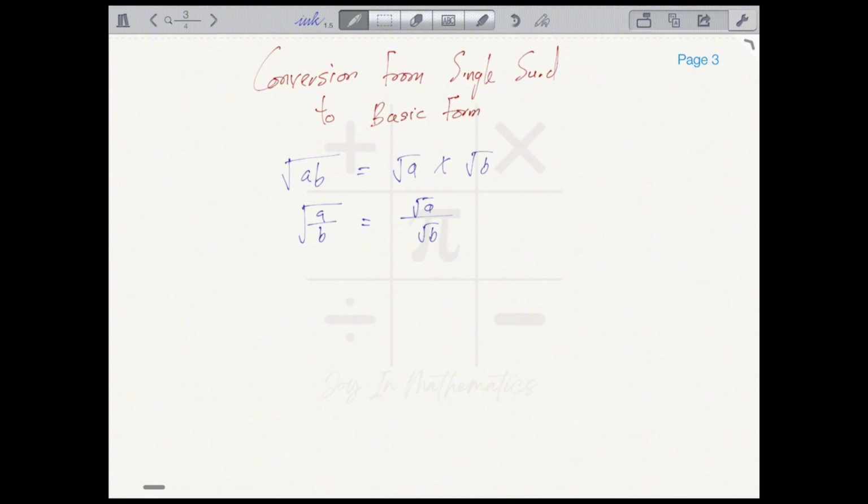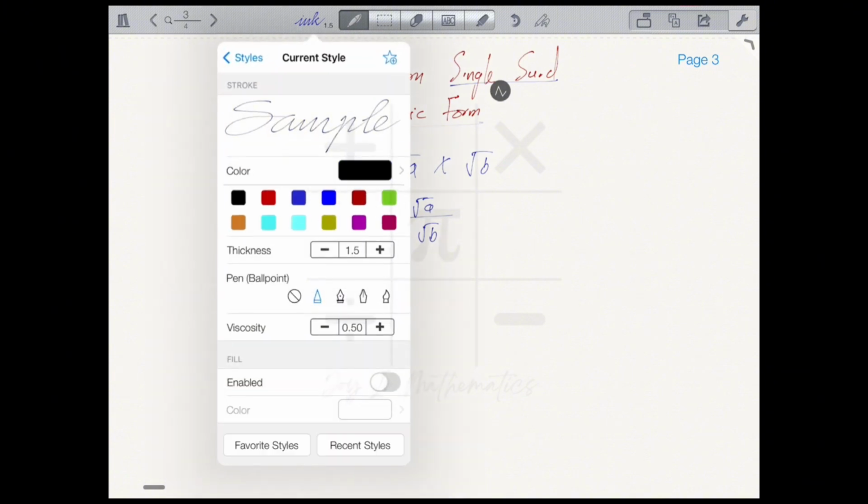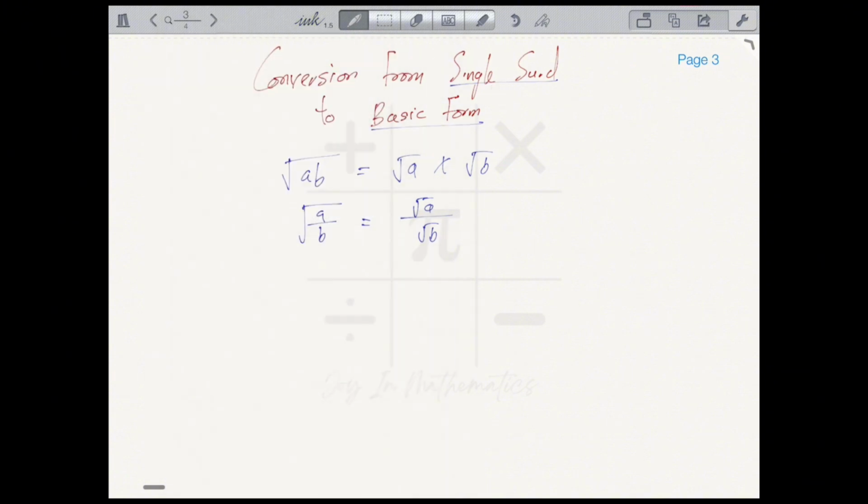Now, in this video, we'll be dealing with the conversion from single surd to basic form, right? So, what is a single surd and what is basic form? Single surd involves numbers like root 162, root 54, or even, let's say, root 45.